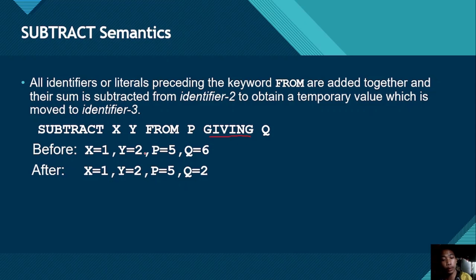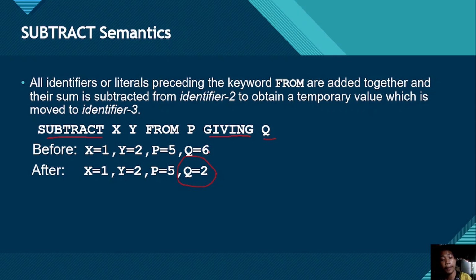So 1 plus 2 minus 5 is equals to 2. So meaning even if we have a value of q, we override it with the value from the SUBTRACT method or verb.